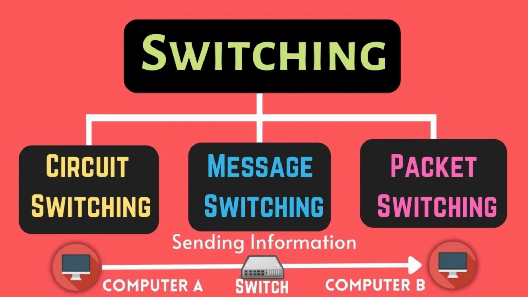The path is established between the two phones and remains for the duration of the call. The characteristics of circuit switching: guaranteed data rate and low latency once the connection is established, but less efficient bandwidth utilization, since the connection remains reserved even when no data is being transmitted.